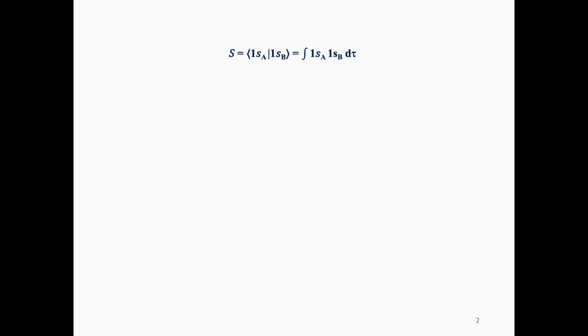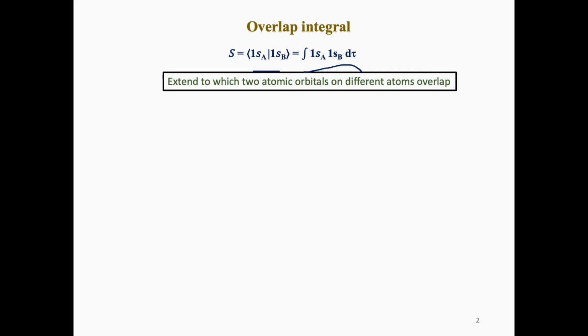It's given that S equals the bracket ⟨1sa|1sb⟩. That can be written in integral form, S equals the integral of 1sa 1sb dτ, and that is known as the overlap integral, which explains the extent to which two atomic orbitals on different atoms overlap each other.